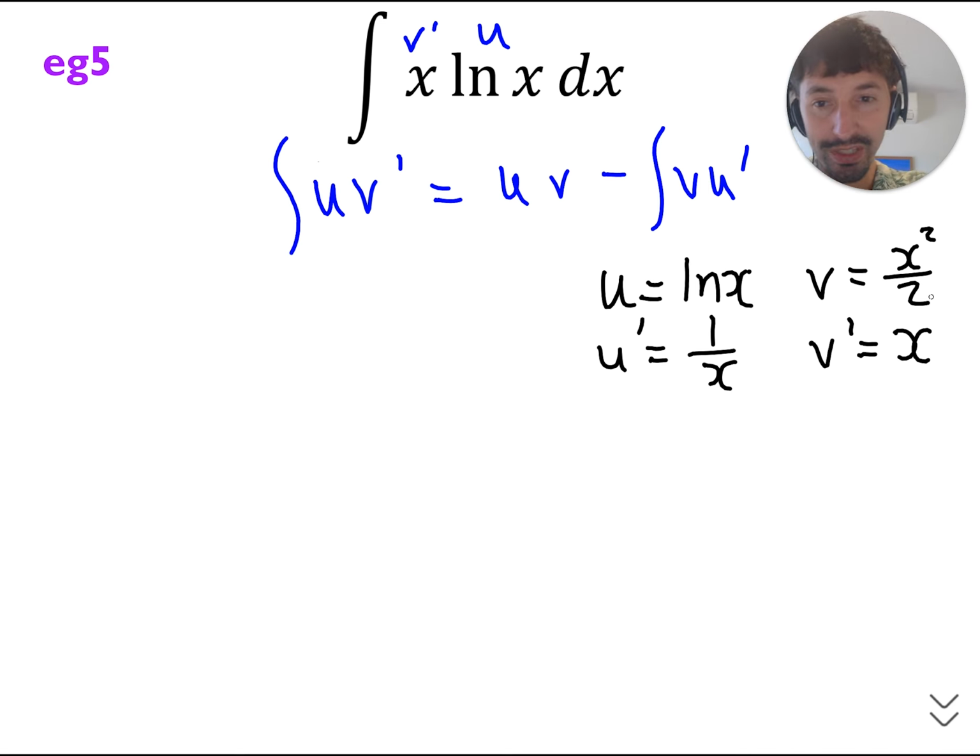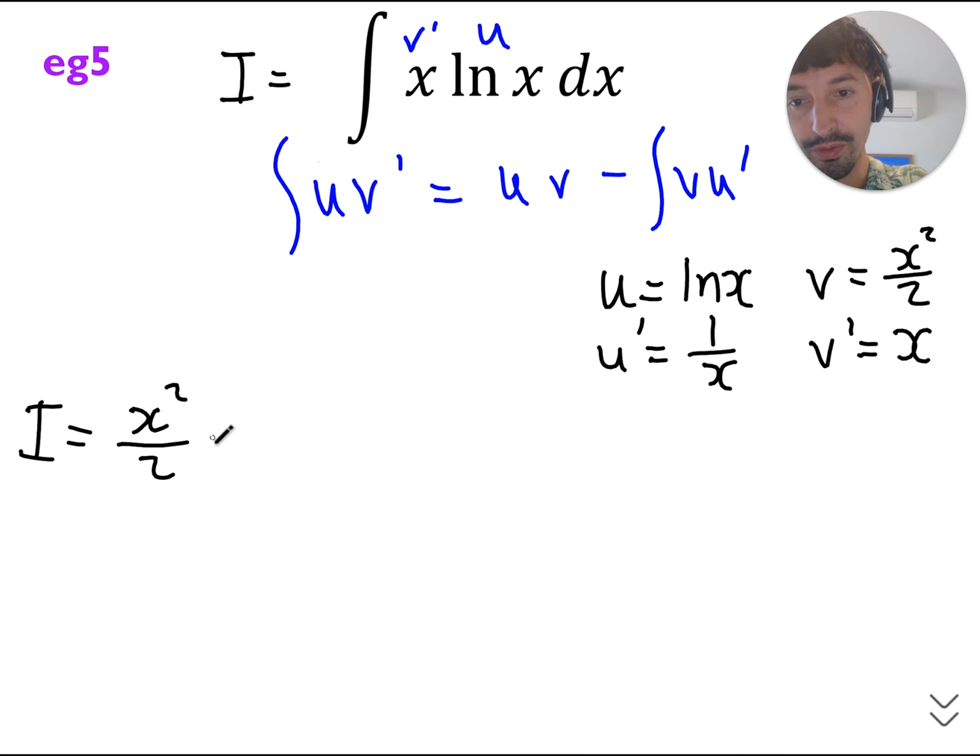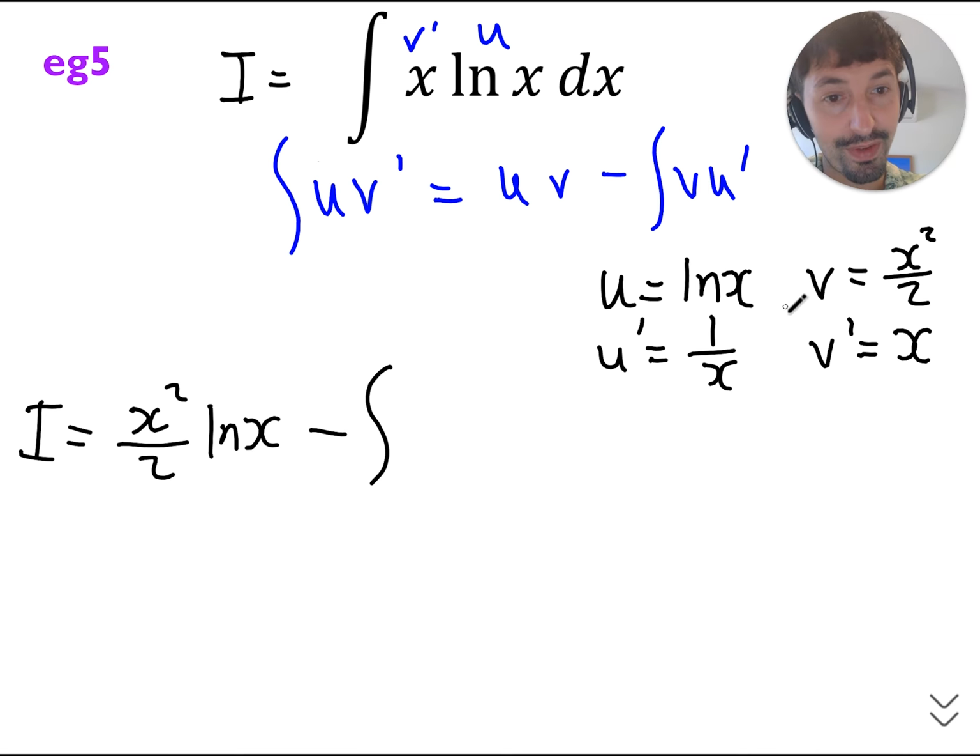So if we put this all into our formula, the integral is going to become uv, so the top two multiplied together, so x squared over 2 multiplied by the natural log of x, subtract the integral of v u dash, so x squared over 2 multiplied by 1 over x. You can see that the x's are going to cancel.